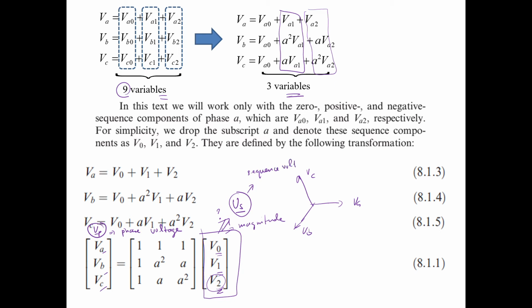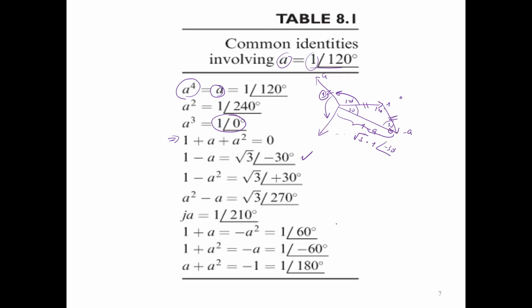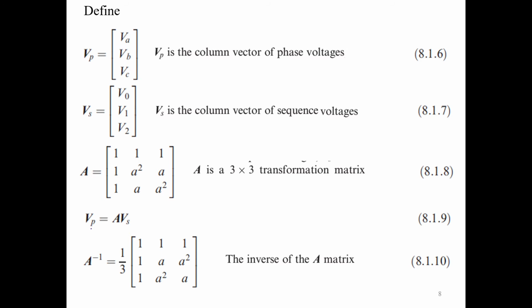So in short form, the phase voltages can be expressed in terms of a matrix A times VS. VS is the sequence voltage. As I said earlier, we are not interested in this kind of expression, because we know this one and we want to solve for this one.